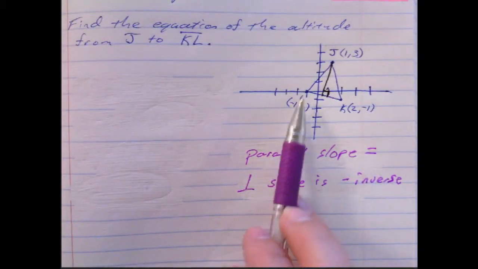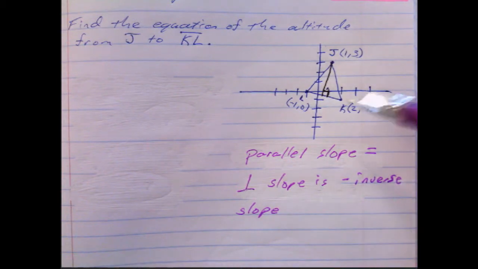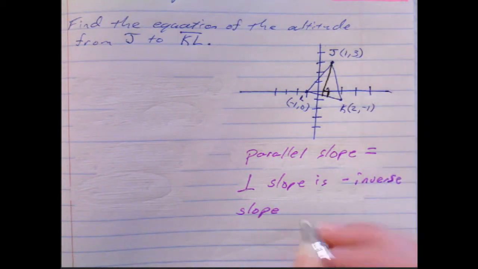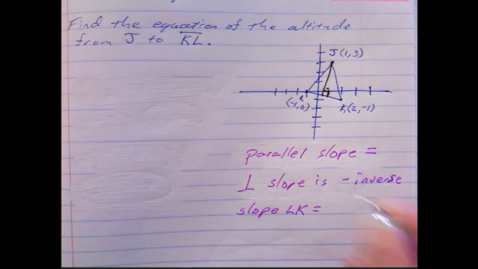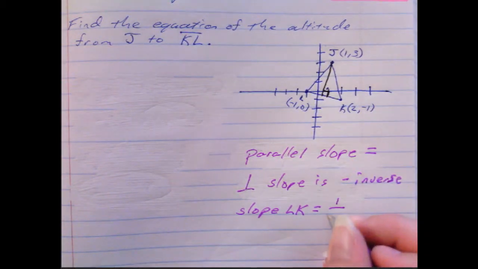Okay, so that's the first thing that we have to remember. So let's look here at our problem. L to K, the slope, we have our rise, the slope for LK, we went up 1, and then the run, we went 1, 2, 3 to the left, so that's a negative 3. So it's a negative 1/3.